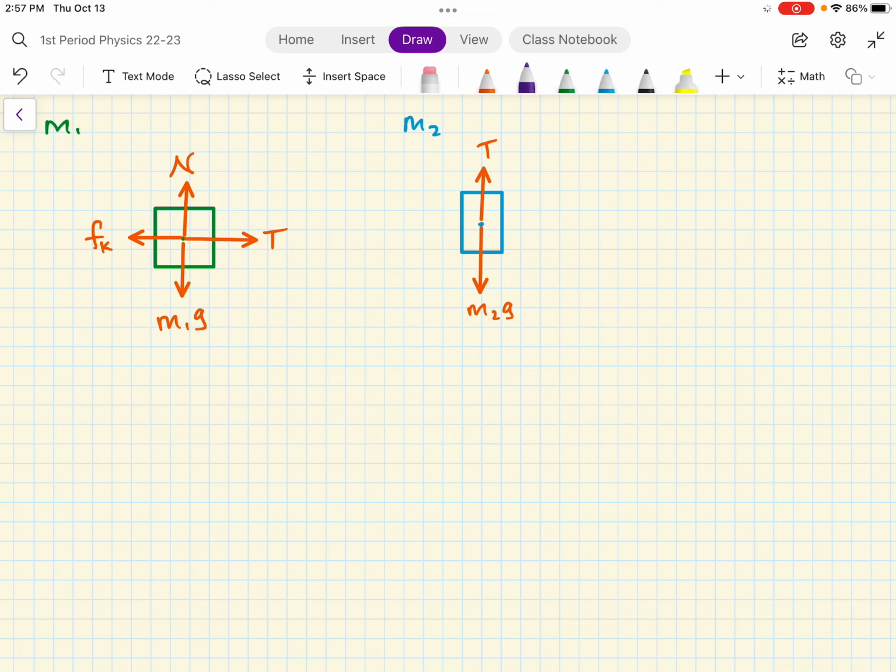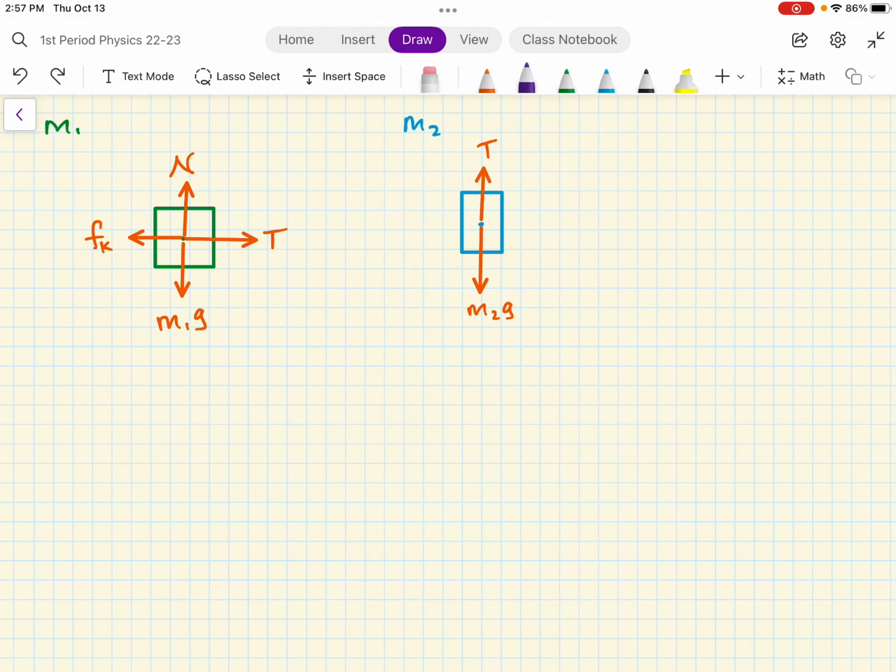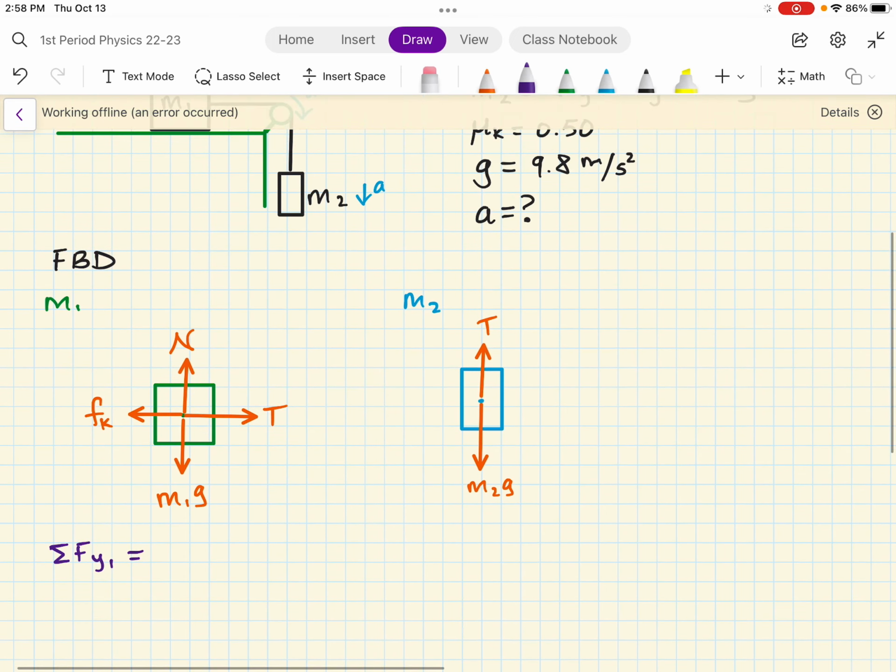Let me use purple. So we have the sum of the forces. Let's start with the y direction. Sum of the forces along the y for mass 1. And we need to state which one's positive, which one's negative, right?